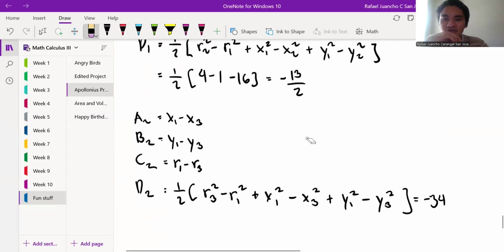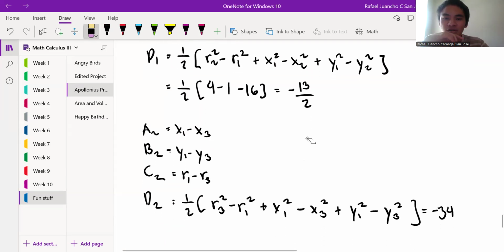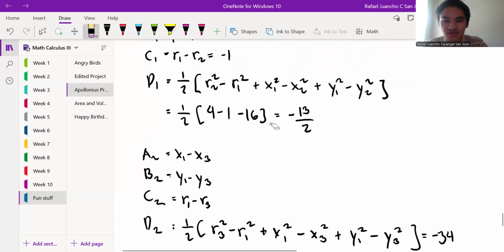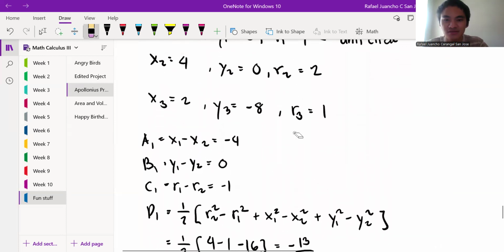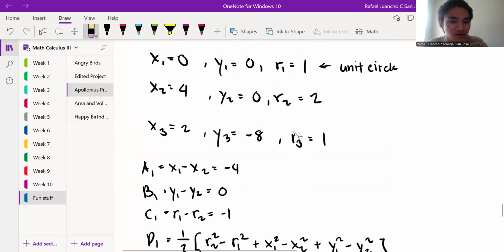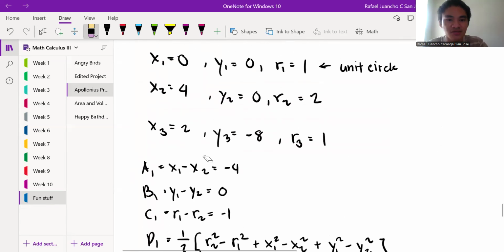What else? Oh yeah, my A2, B2, C2. I'm just checking if I actually got it, because I feel like I'm messing something up. I don't think so. I'm still good. Okay, A2 is x1 minus x3.